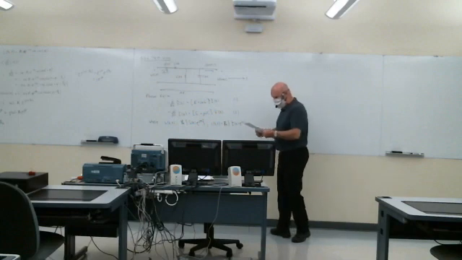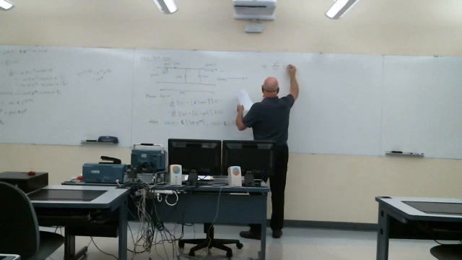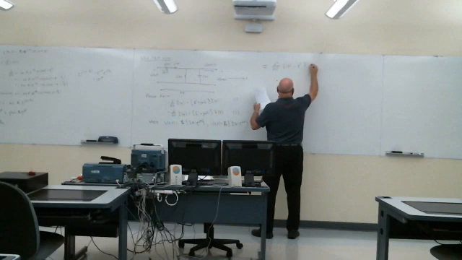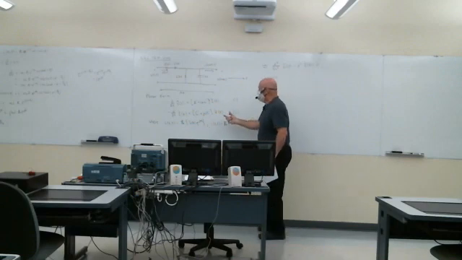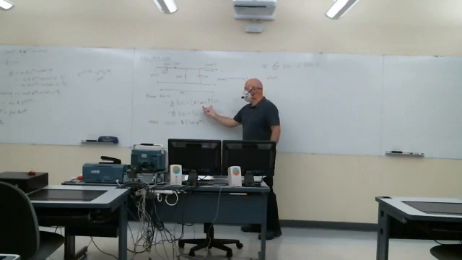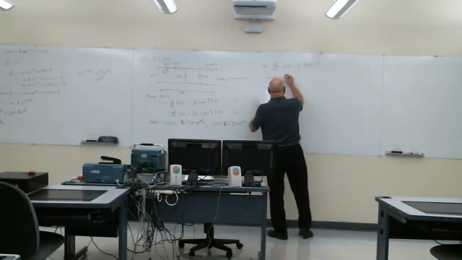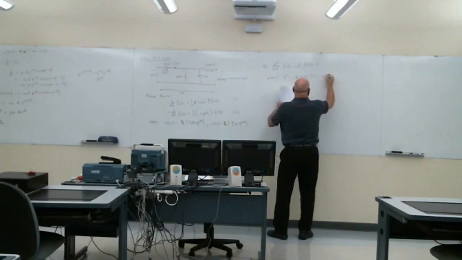So doing that, we get the second partial with respect to z of my voltage phasor minus gamma squared V of z is equal to 0, where when I make this substitution, I'll have the product of these two terms. I'll have R prime plus j omega L prime times this, which gives me G prime plus j omega C prime. So gamma squared in this equation is (R prime plus j omega L prime)(G prime plus j omega C prime).